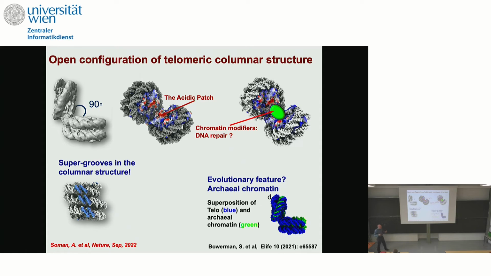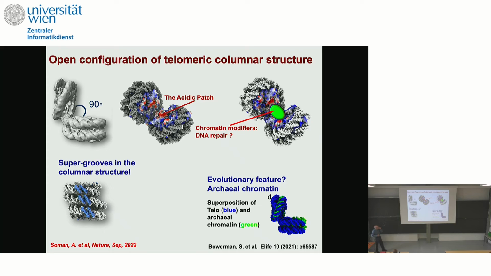And of course, as you know, the majority of all chromatin binding factors, they bind to the acidic patch. So this dynamic opening of the nucleosome then suggests a possibility for telomere maintenance by various proteins like 36 and others that can bind to this. This, of course, remains to be seen.